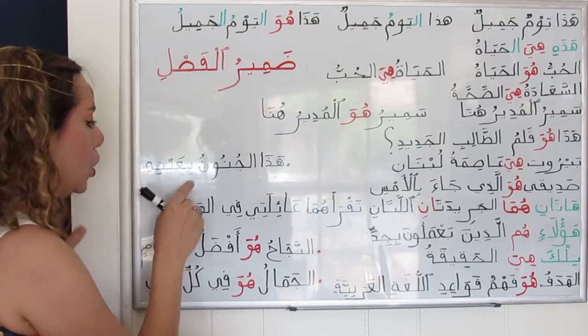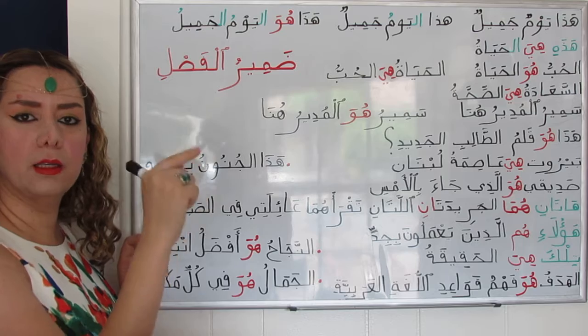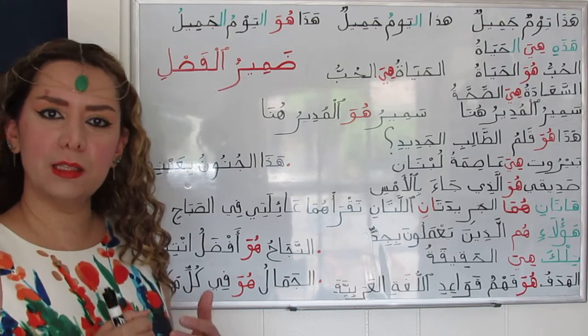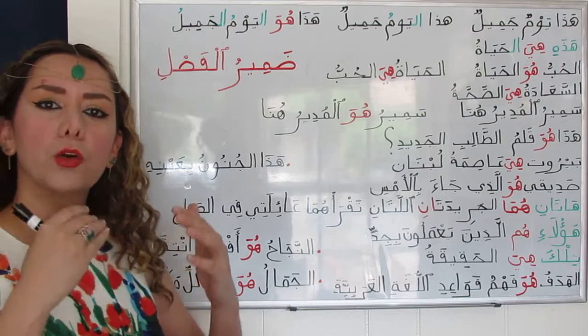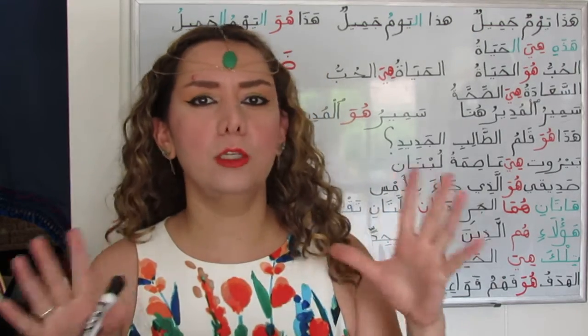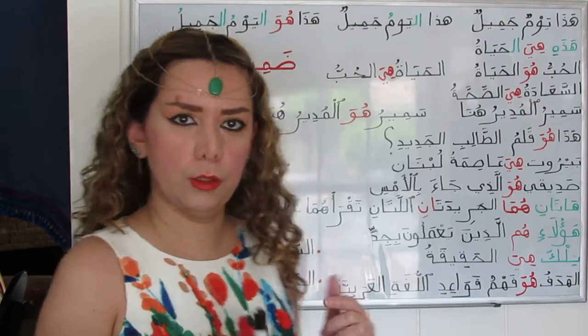But since we have added the word بعينه, it means itself. This is the madness itself. We already reached the meaning that we were looking for without the insertion of the pronoun of separation.